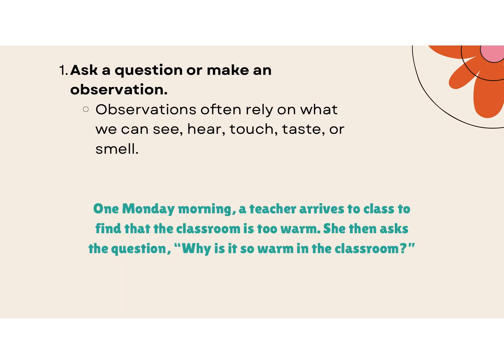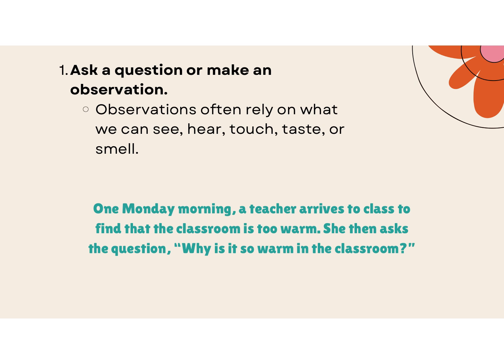The first thing that happens when we're wanting to figure something out is we ask a question or we make an observation. We may see something that we don't understand. We may see an organism that we've never seen before. So we make an observation on what we either see, hear, touch, taste, or smell.